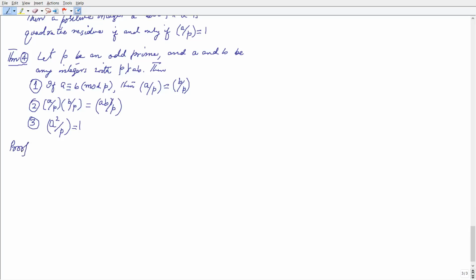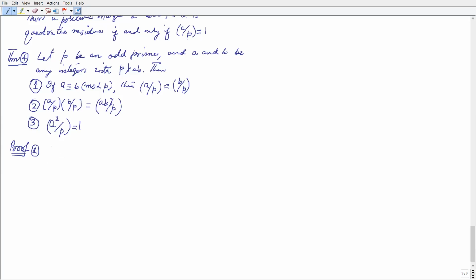So proof for 1. Okay, so it is given here that P is an odd prime and A and B are any integers with the condition that P does not divide the product AB.